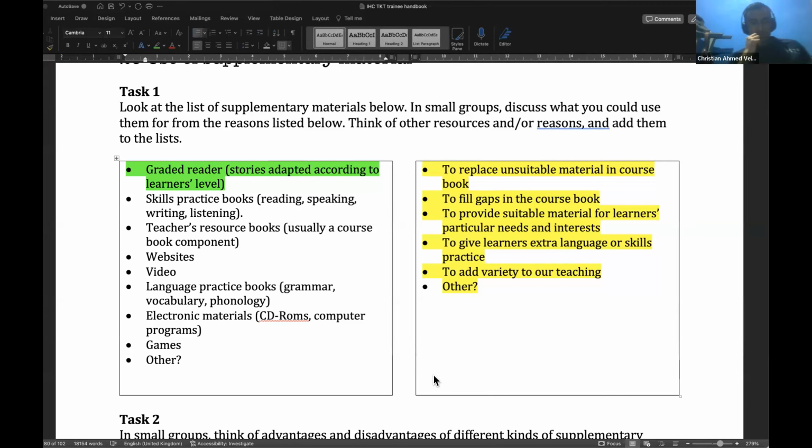Okay. Yes. Websites can be fun and attractive, for example, using Kahoot. Yes, all of these game sites, no? Or where you can do quizzes. Yeah, and videos.